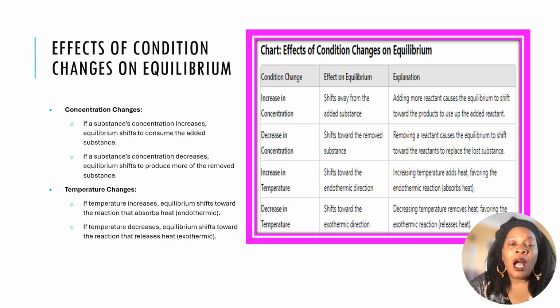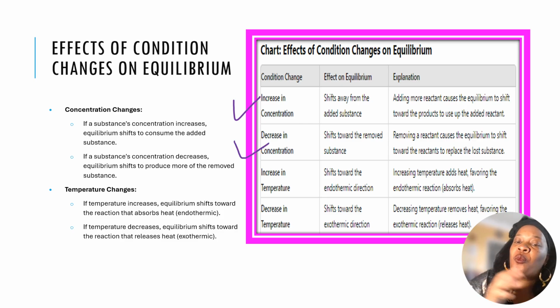If a substance's concentration decreases, equilibrium shifts to produce more of the removed substance. As you can see from your chart, let me highlight that for you. These two parts here show increasing concentration versus decreasing concentration.